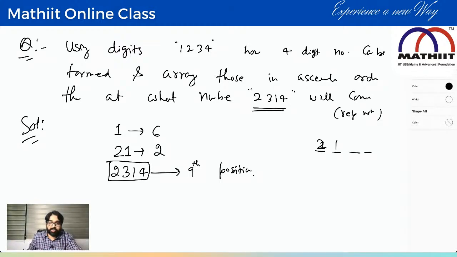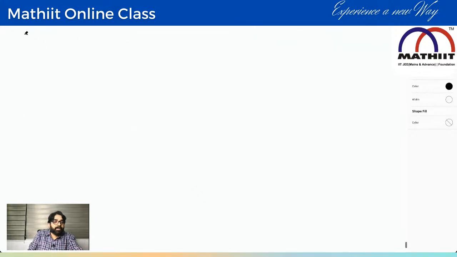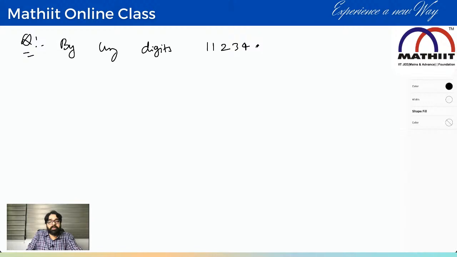If you understood, then tell me the answer to this. By using the digits 1, 1, 2, 3, 4, a 5-digit number is formed.